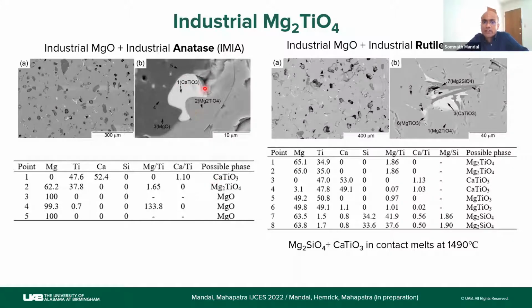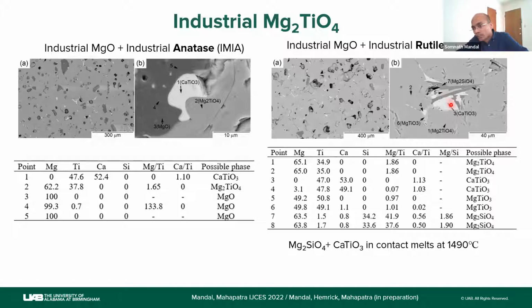The titania phase actually reacts with the calcium impurity and creates a high temperature phase. But in terms of rutile, you not only have this excess geikielite phase, which is low melting and has poor corrosion resistance, but you also find a forsterite magnesium silicate phase directly in contact with calcium titanate.